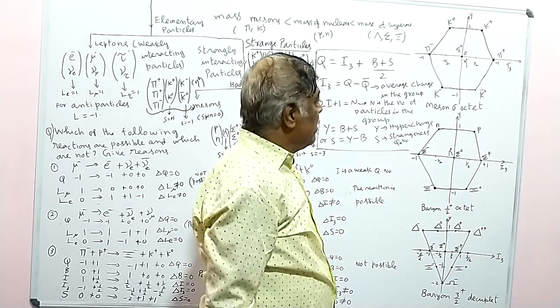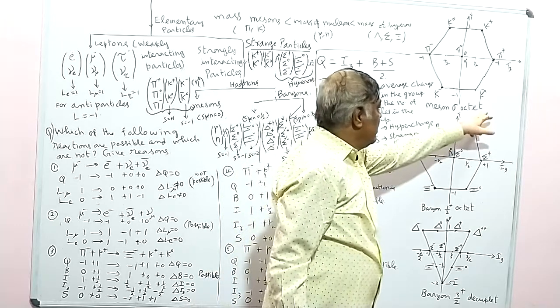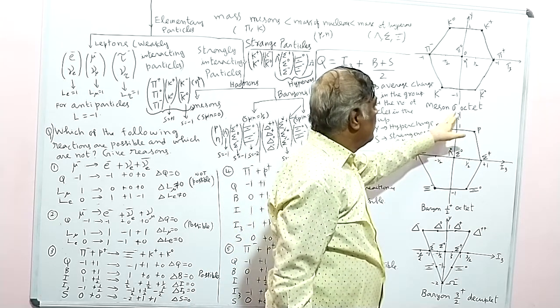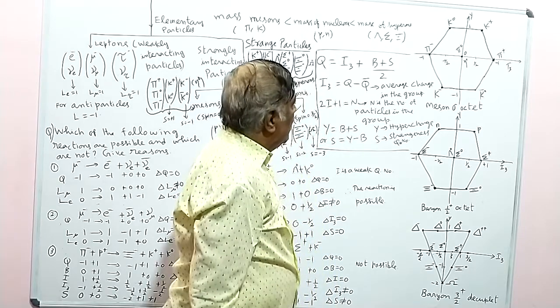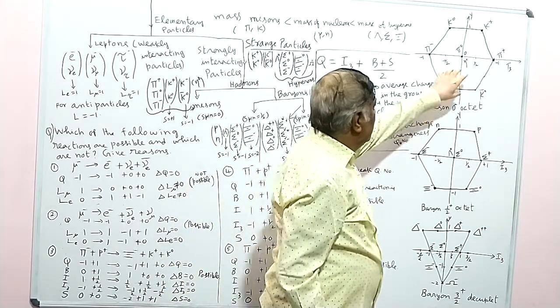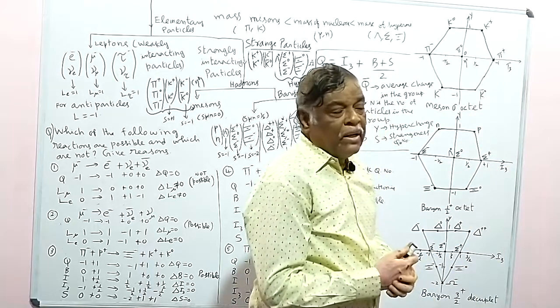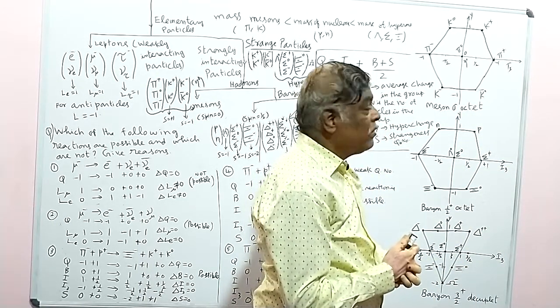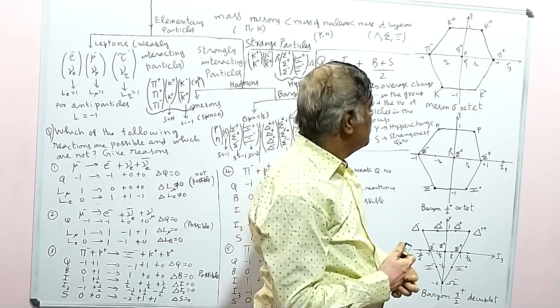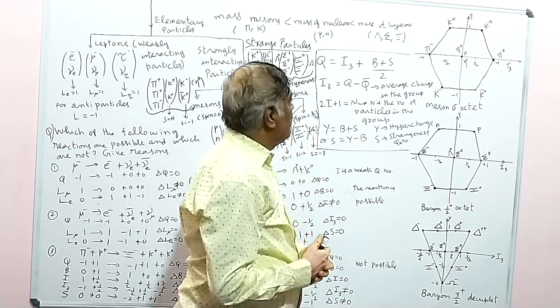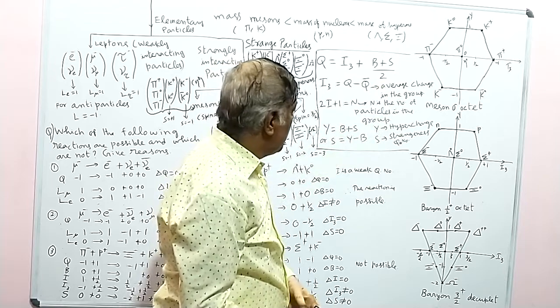There are 8 particles. So this is an octet with spin 0 and parity minus. This can be drawn according to the SU3 symmetry, which we discussed in detail in the last lecture. Using that, the particles are classified in this way.